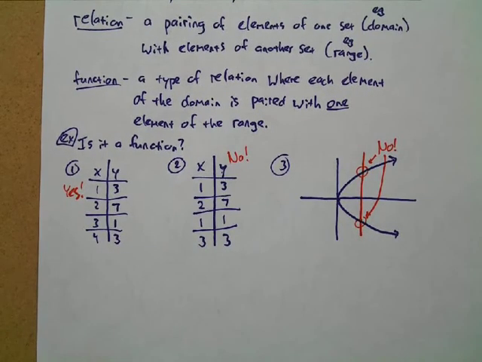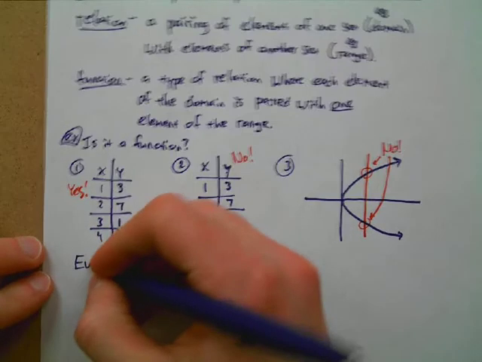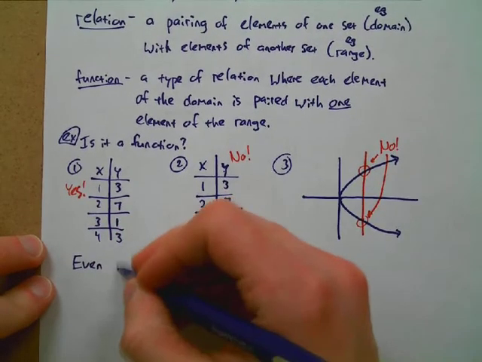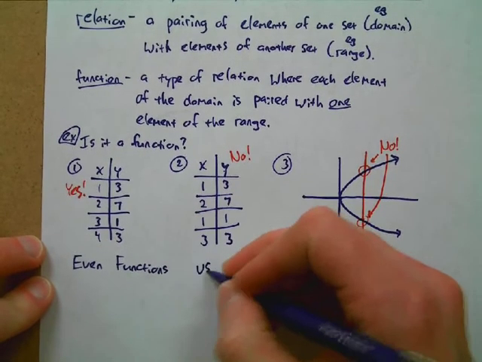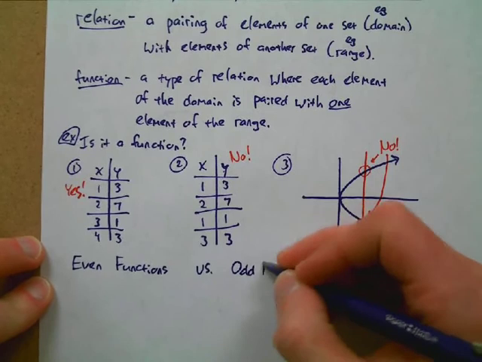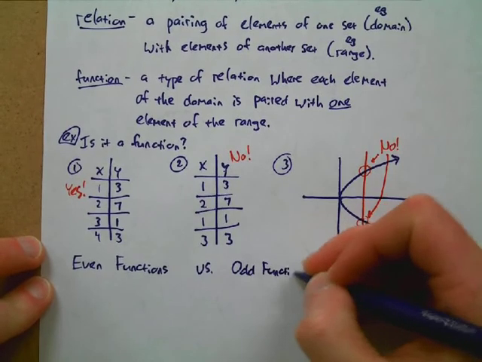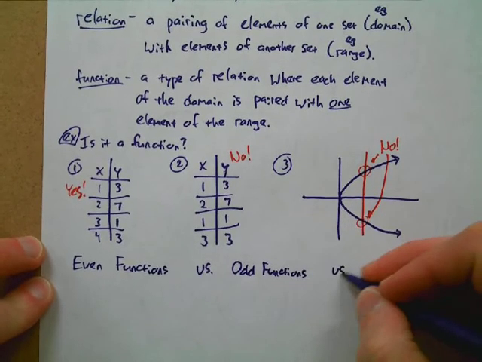This is going to be more important to us as we get into inverses in a little bit, but I wanted to talk about even, odd, and neither first. So even functions versus odd functions versus neither.